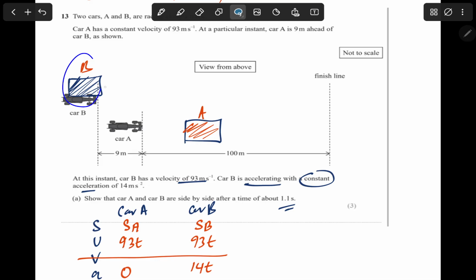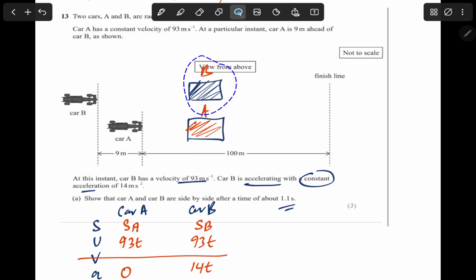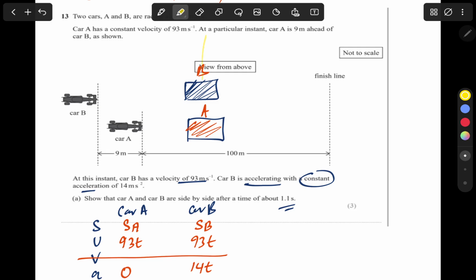Car A is traveling at constant velocity, so it's just going to keep moving at a constant speed. And car B is accelerating, so it's going to start to catch up, and at some point they'll be face to face with each other. What is that time when they'll be face to face with each other?